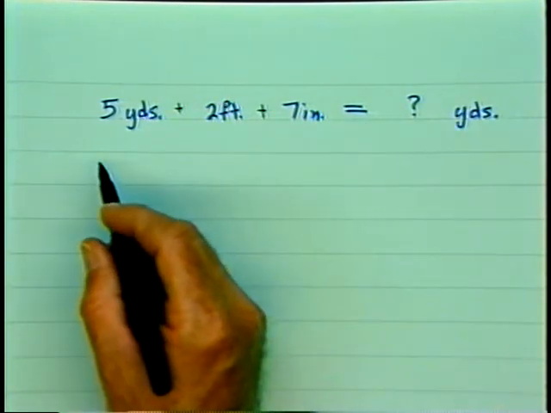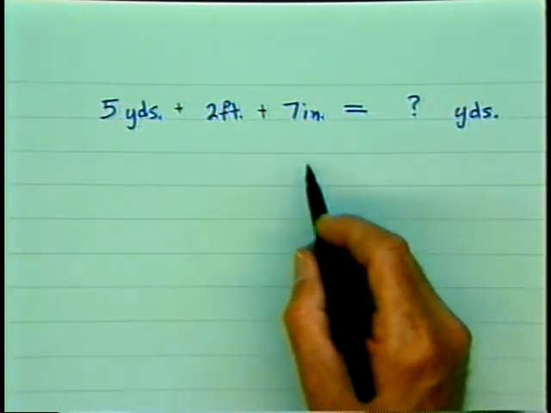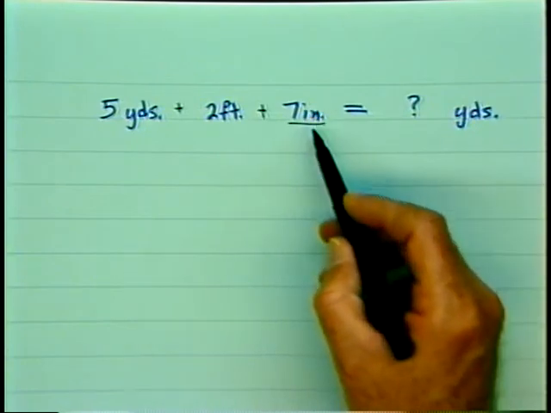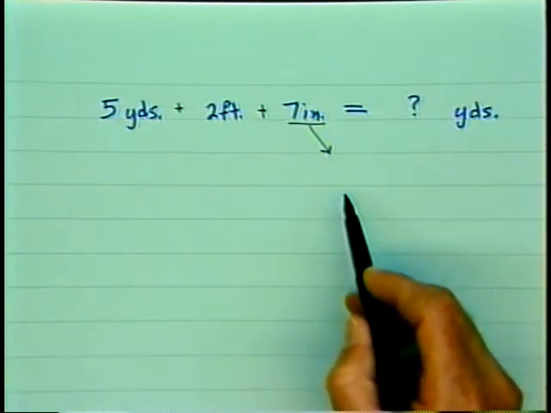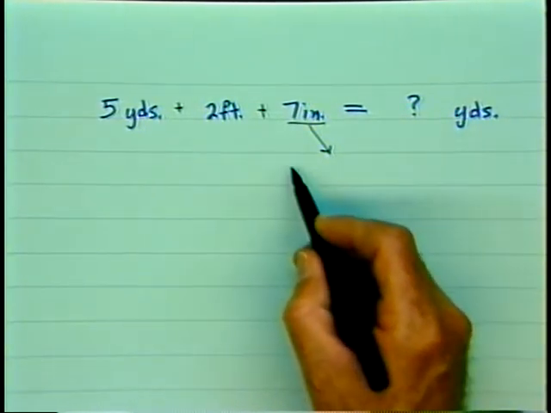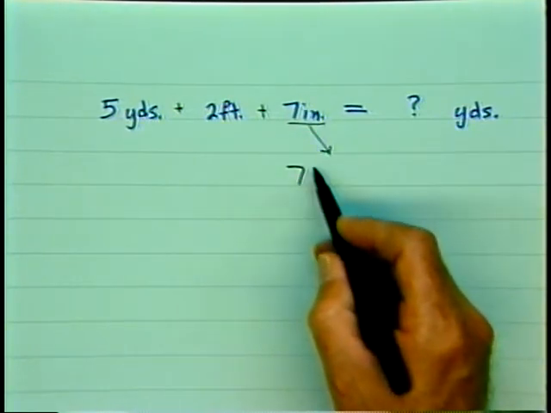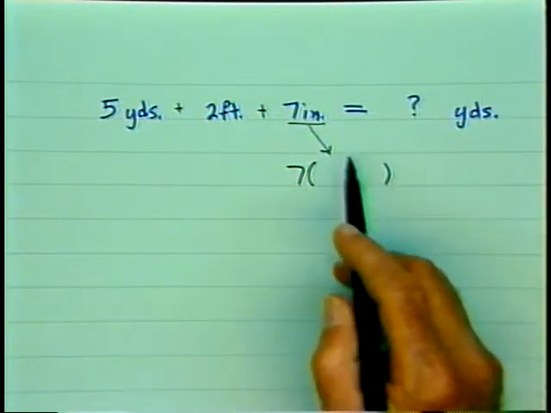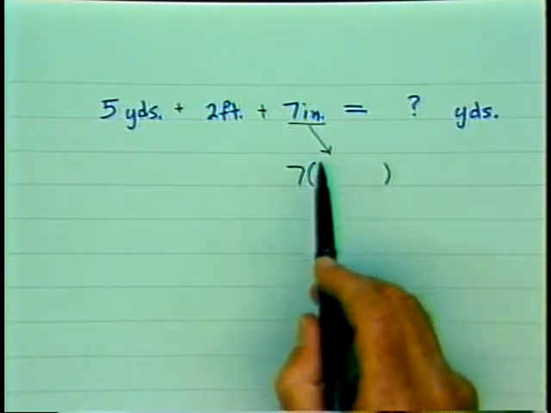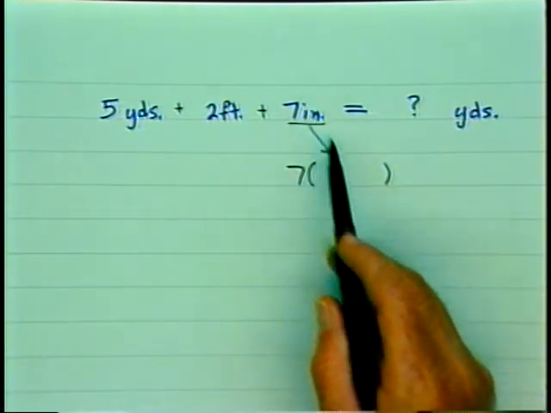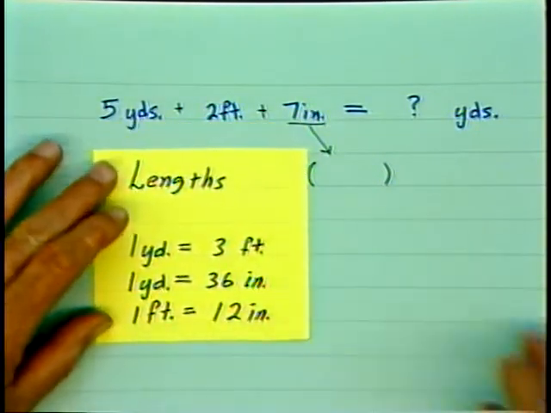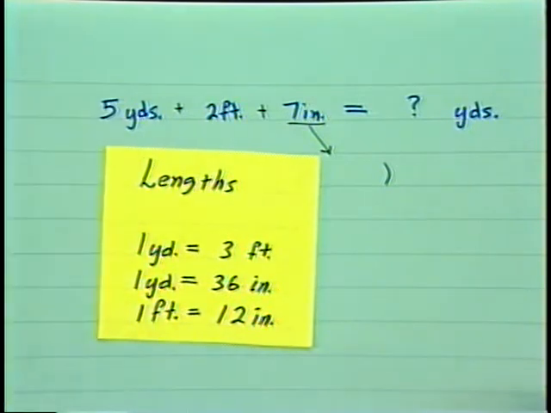And our technique was this. If you're going to change, for instance, in this case, inches to yards, you replace inch by its equivalent in yards. So we ask, 1 inch is how many yards? Well, for that you need a table of values.